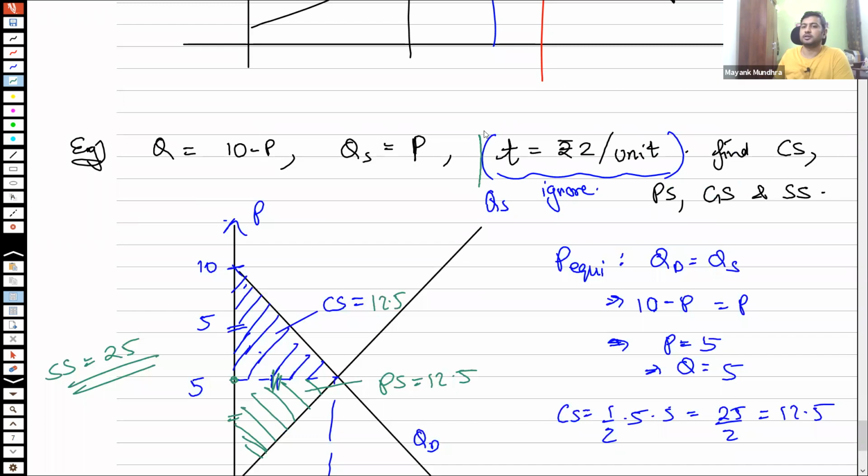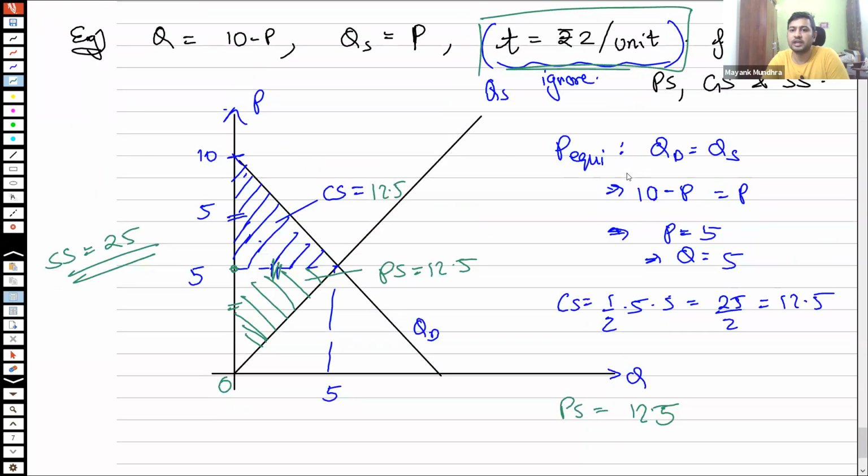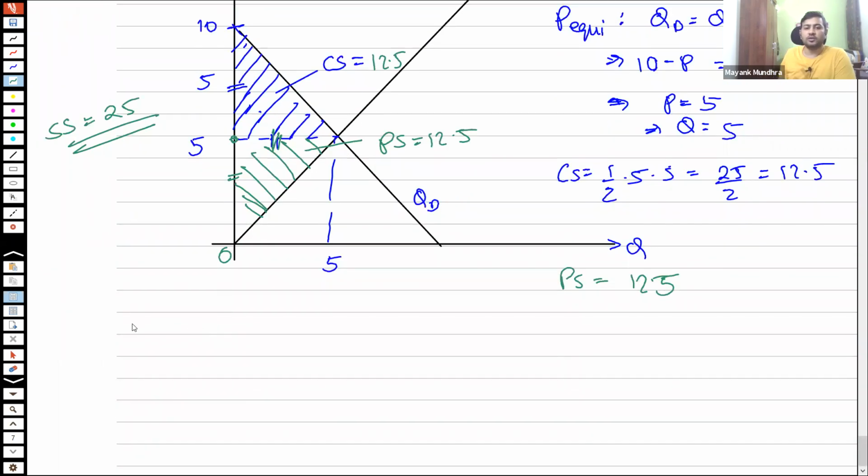Now let's include taxation. So what happens when the government imposes tax? Now quantity demanded becomes 10 minus the price which consumers face.